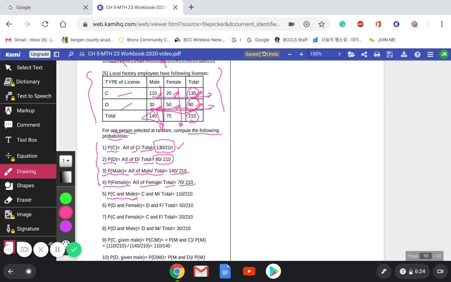It's C and male, so you have to look for C and male out of the total. Where is the C and male? C and male is 110. So that's why it's 110 out of 210.